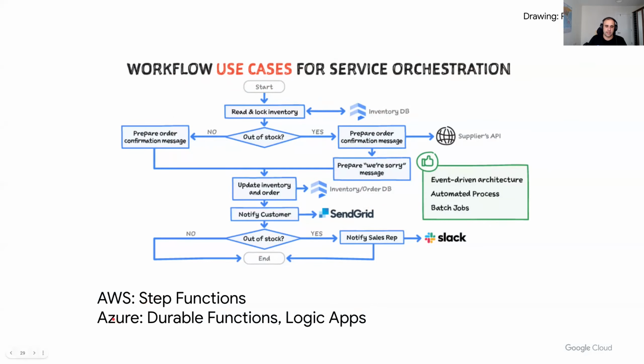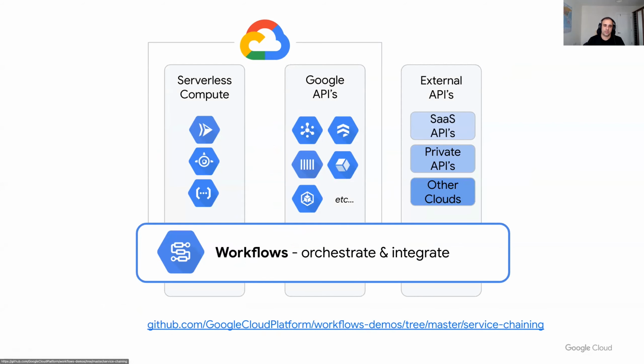Again, on AWS, there's Step Functions, and on Azure, you have Durable Functions and Logic Apps that do this kind of stuff. Workflows allows you to orchestrate your code running in Google Cloud. It also allows you to orchestrate Google APIs and even external APIs, whatever you want to include in your orchestration.